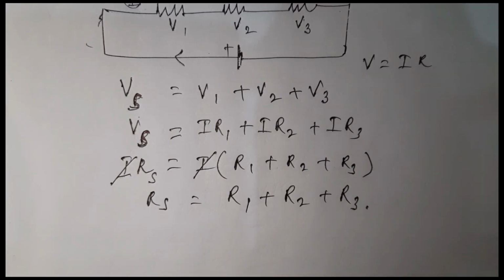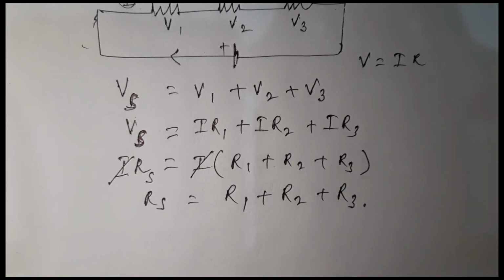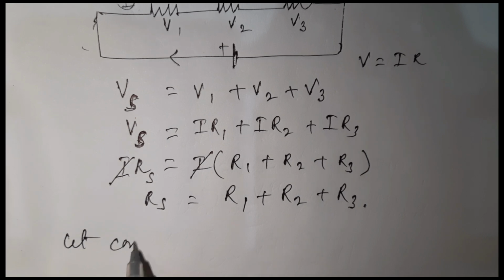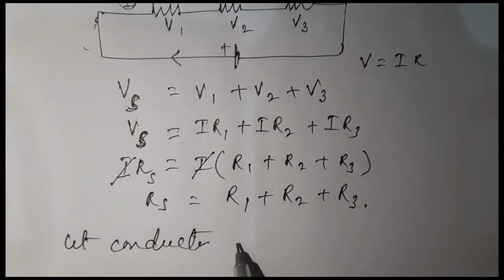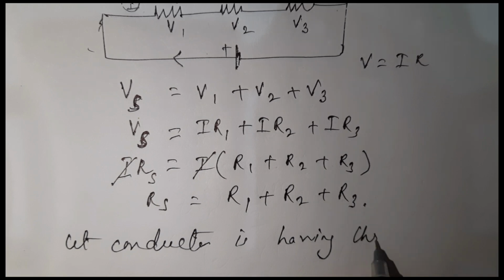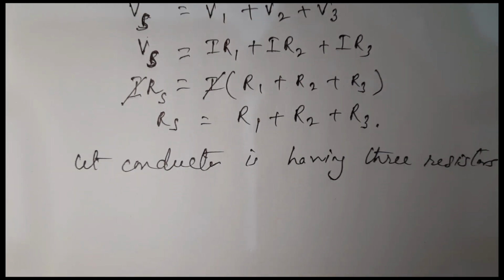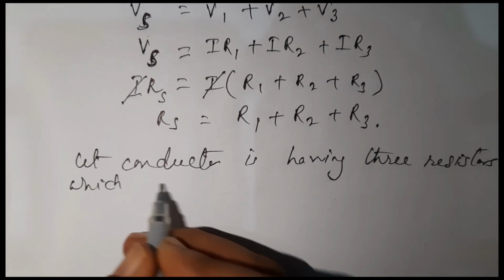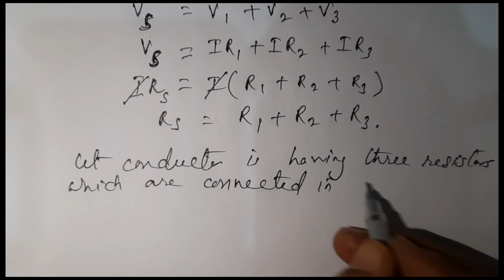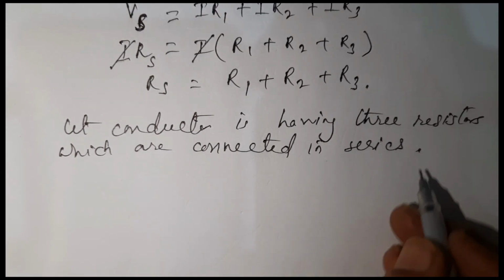So here we need to write some theory part. This is the derivation, how we are going to write it. For the theory part you need to write: let a conductor have three resistors which are connected in series.